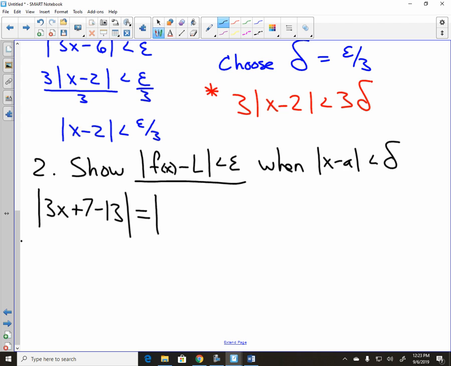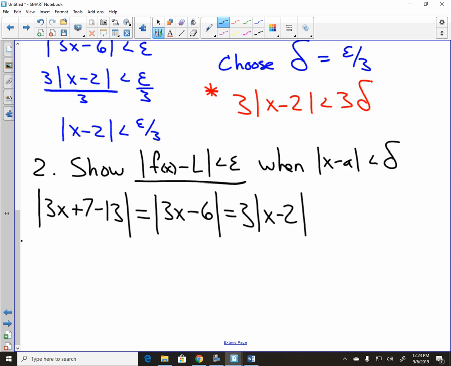That is equal to what? To 3x minus 6. That happens to be equal to 3 times the absolute value of x minus 2. Would you all agree? So far, I've written this piece, and these are all equal to that piece. Would you agree?